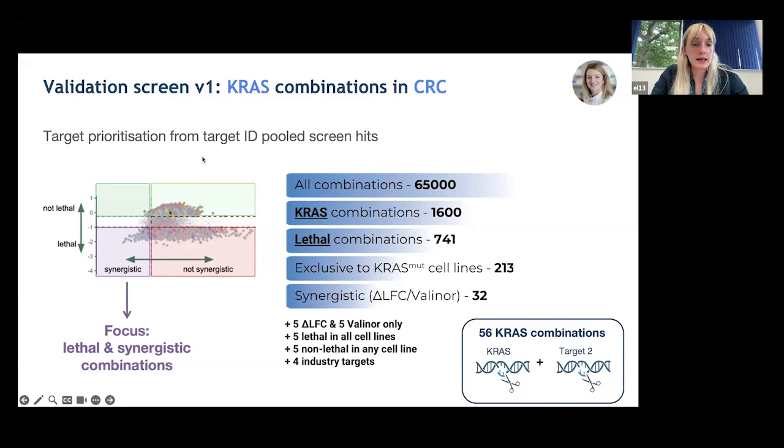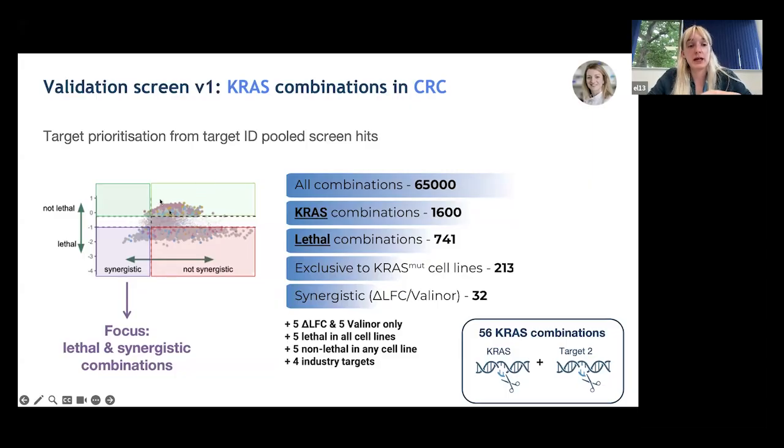We then also applied a synergy threshold. So by using a couple of metrics that measured the degree of synergy, we could narrow down the list further. And then with the addition of some controls and some targets that were nominated by industry, this brought our total number of combinations to 56, which is more than viable to assess within an arrayed format.